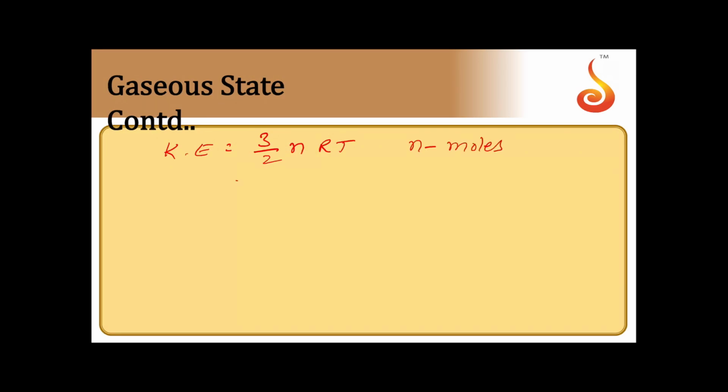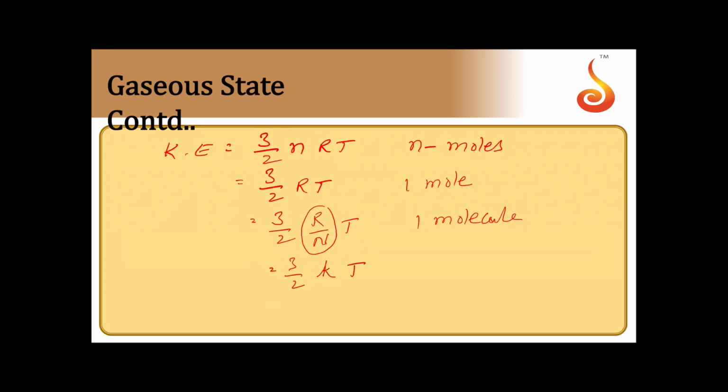Suppose n is equal to 1, then 3 by 2 RT will come. This is for 1 mole of gas. If you divide R by Avogadro's number and multiply by T, then you are going to get kinetic energy per 1 molecule of gas. And R by N is a constant which is replaced by k, where k is called the Boltzmann constant.